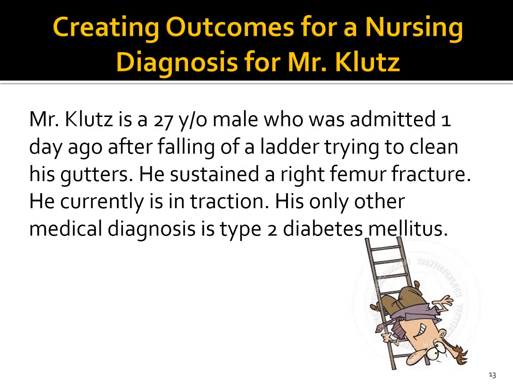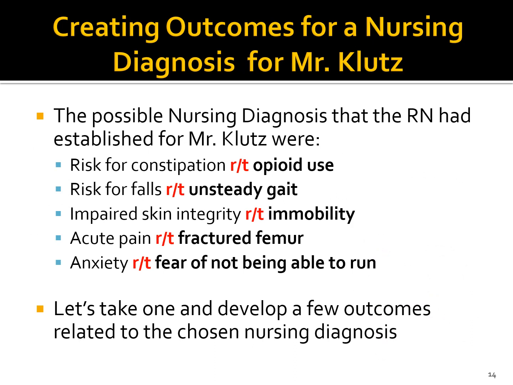So let's go back to our patient, Mr. Klutz. Again, he's a 27-year-old male who fell off a ladder a day ago trying to clean his gutters. He sustained a right femur fracture. He's in traction, and his only other medical diagnosis is type 2 diabetes mellitus. So we're going to create some outcomes for Mr. Klutz.